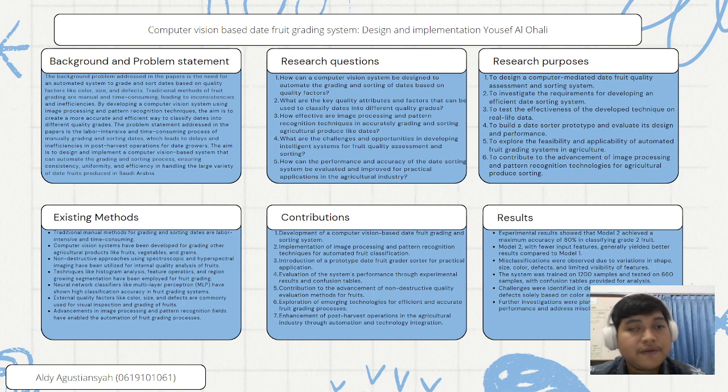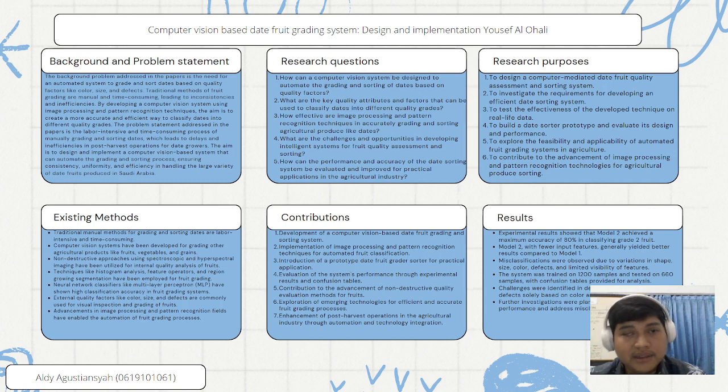Traditional methods of fruit grading are manual and time-consuming, leading to inconsistency and inefficiency. By developing a computer system using image processing and pattern recognition techniques, the aim is to create a more accurate and efficient way to classify dates into different quality grades.